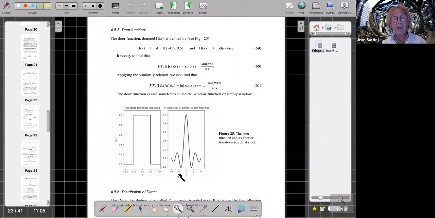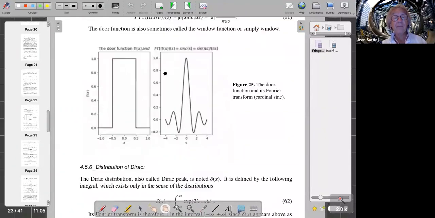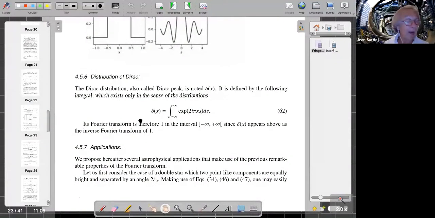Now, still one very important result is the following. I may try with my pen to do it here. We will see if it works.